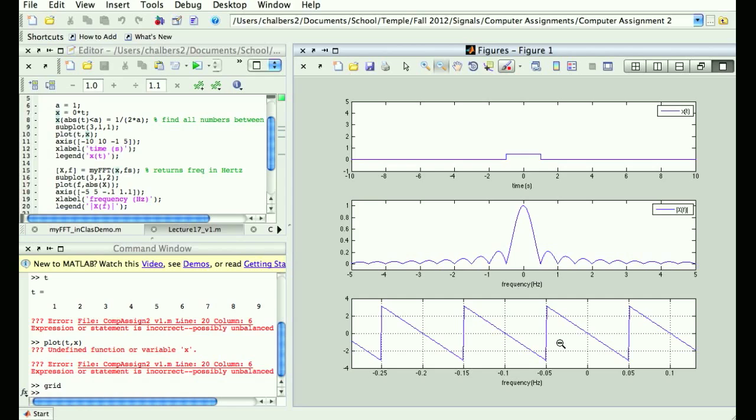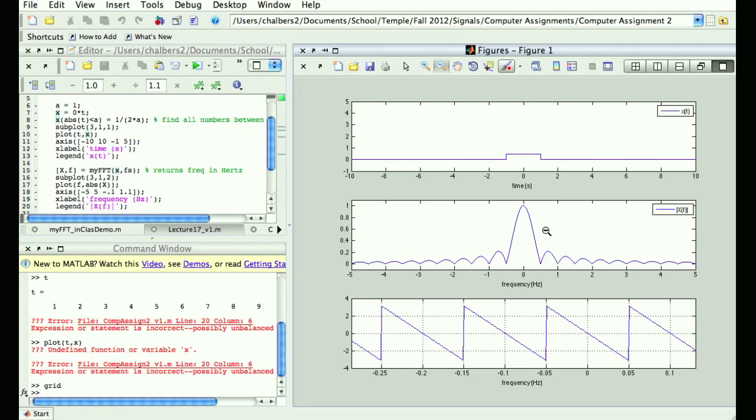If I make my rectangular pulse really skinny, what happens to my sinc function? It gets really broad, right? And that made sense. So we argued that an impulse in time has a constant frequency content, which we interpreted to mean that an impulse in time has all frequencies.